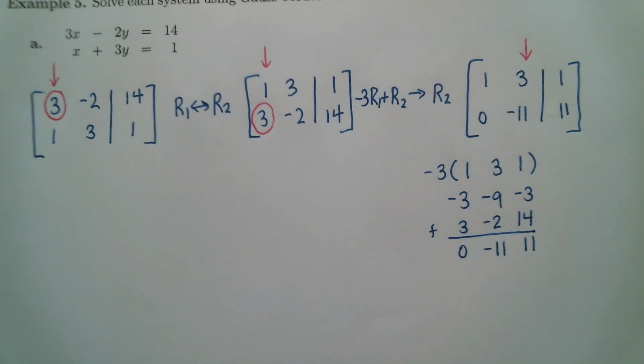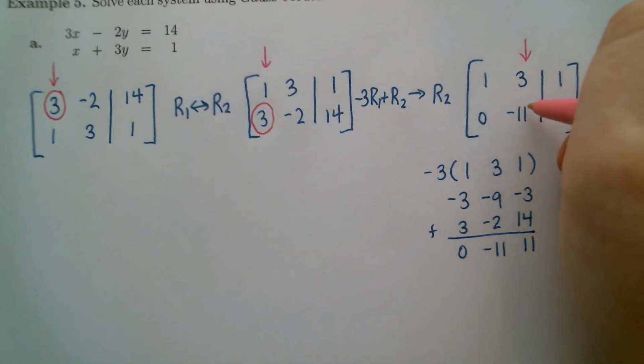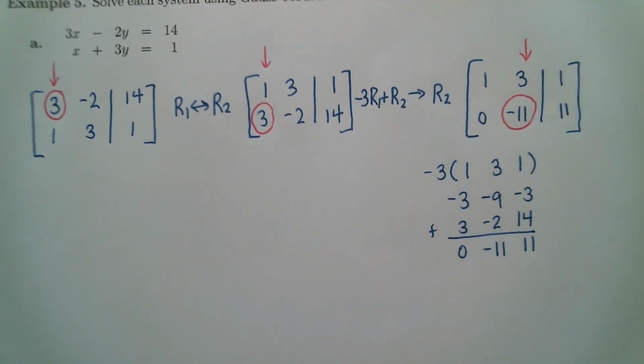Now that we're in a new column, column 2, the first thing you want to do is put the 1 on the main diagonal. So -11 is the number on the principal or main diagonal, so we need to change that to a 1.